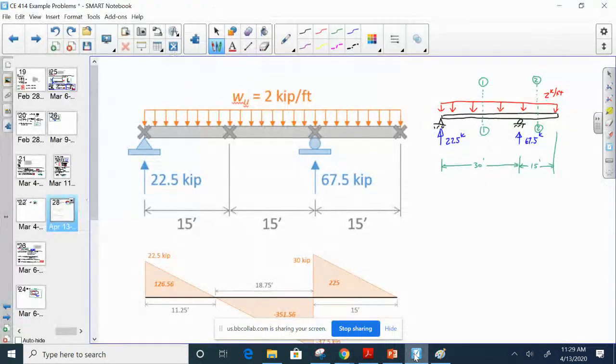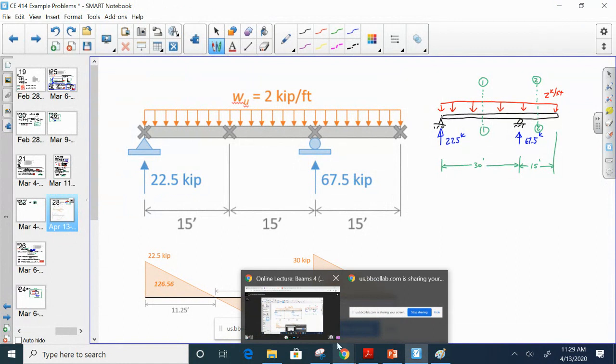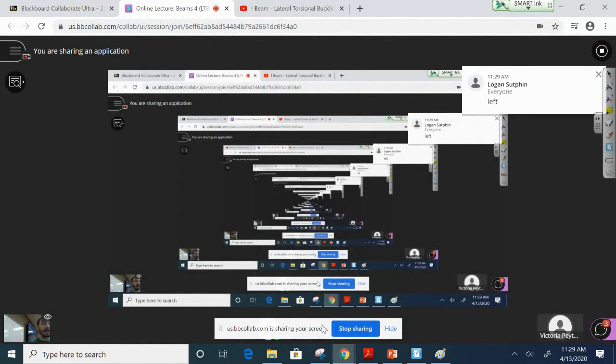Let me pull this up. So here's section number 1. If I cut a section, what's easier, looking to the left or looking to the right? Looking to the left. There you go.